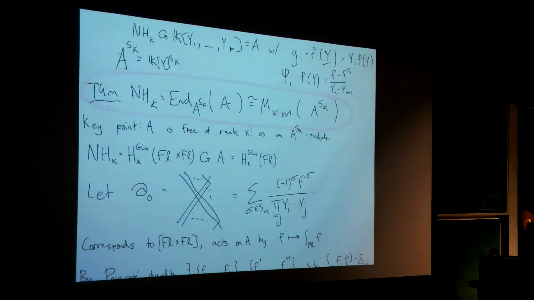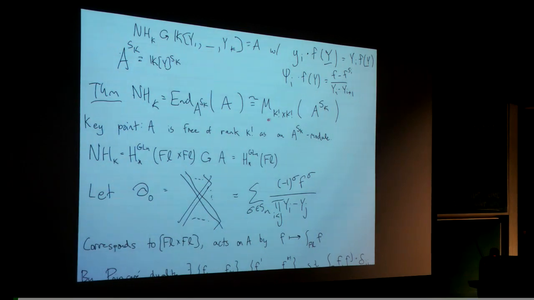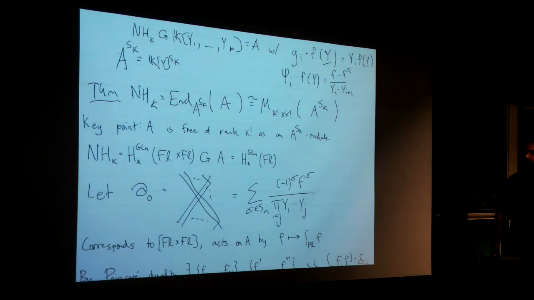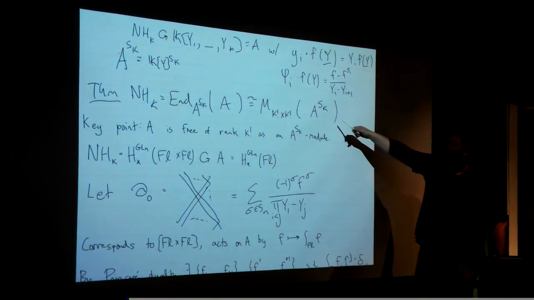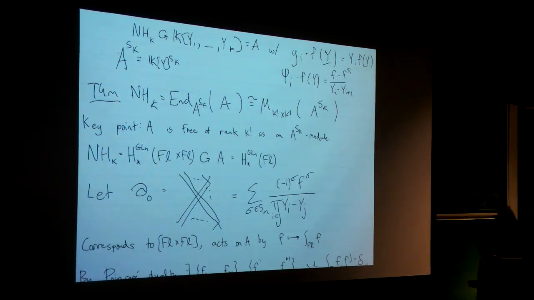If I take this nil-Hecke algebra, it's actually a matrix algebra. It's a matrix algebra whose rank is k factorial times k factorial. And it's a matrix algebra over this central subalgebra, the symmetric polynomials.